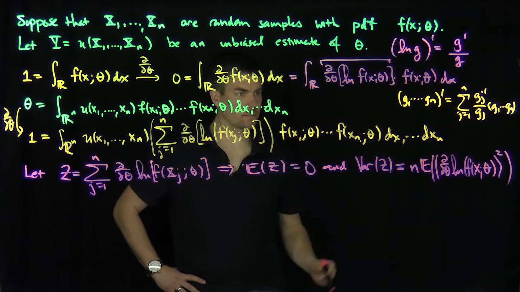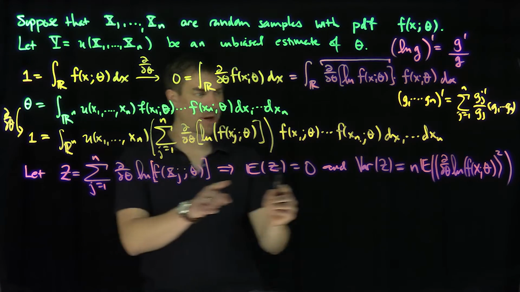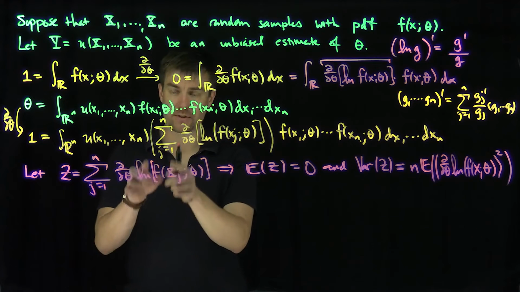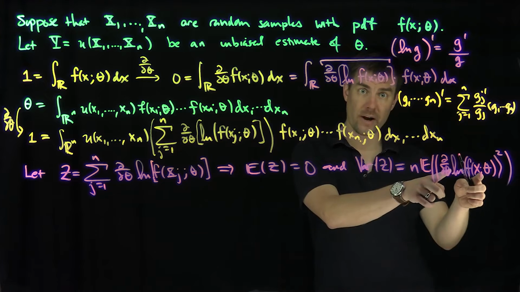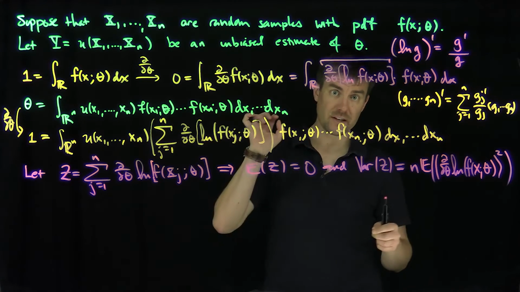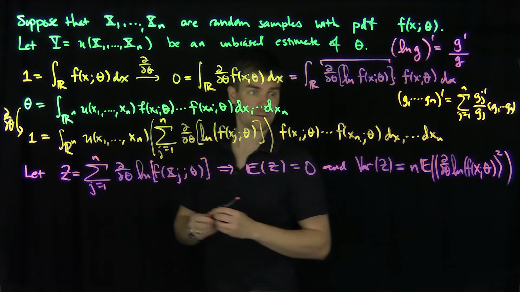Great, because there's n copies, so when I do the variance of the sum, I get n copies of the variance of any one of those things, and since the first moment is equal to 0, all I have to do is take the expected value of that random variable squared, where x is just any realization of these independent copies of these draws. Okay, that's what the variance of z is.